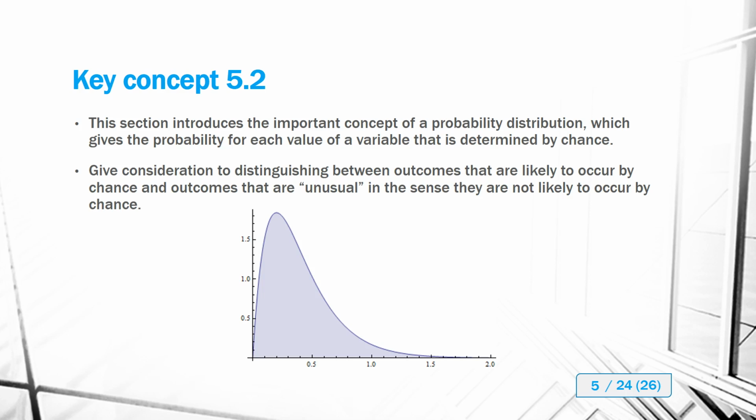We're also going to bring back this idea of what values are usual, what values are quote-unquote unusual, likely and unlikely. That concept's going to become very useful for us.